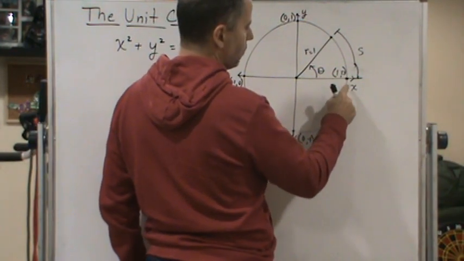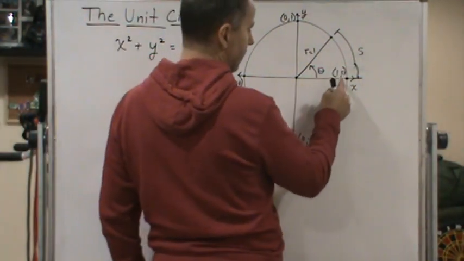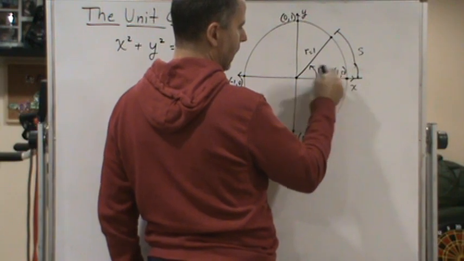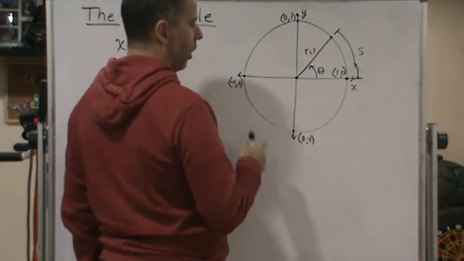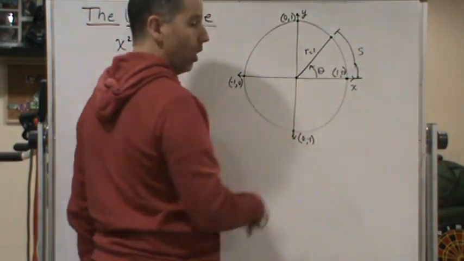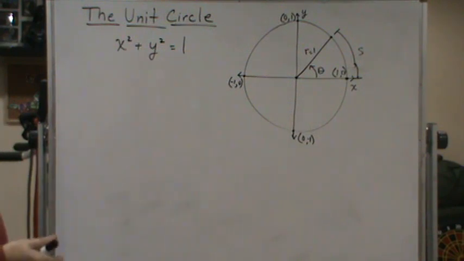In this case, 0 corresponds to the point (1, 0), but also realize that 2 pi, going all the way around, also corresponds to the point (1, 0).